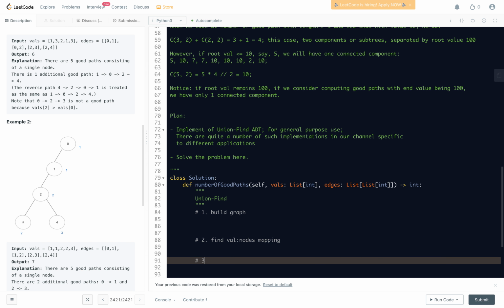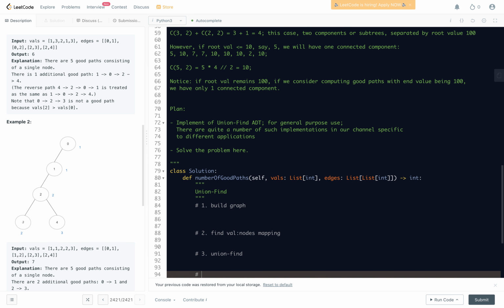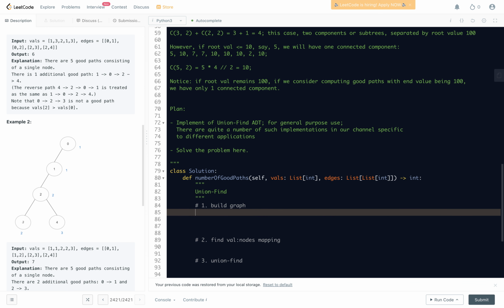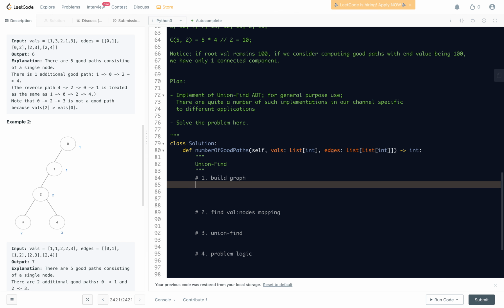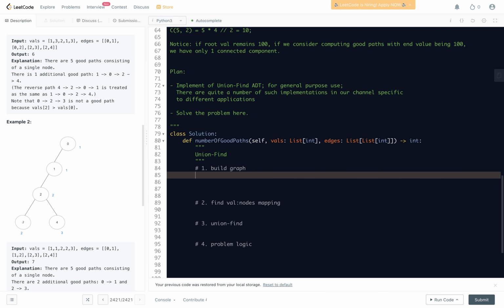Second, I'm going to find the value to nodes mapping. Thirdly, I'm going to implement the union find helper functions. And lastly, we write up the problem logic.